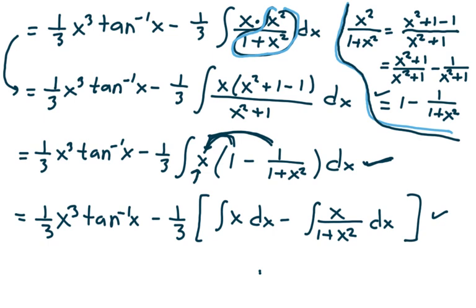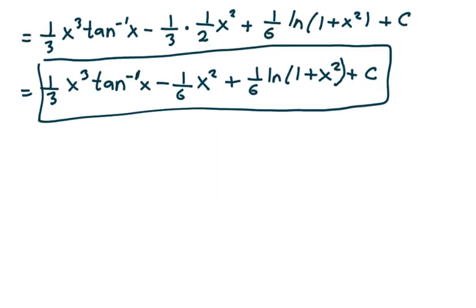Now, from here, this is equal to 1/3 x cubed arctangent x minus 1/3 times 1/2 x squared plus 1/6 the natural log of 1 plus x squared plus c. And so my final answer, again, is 1/3 x cubed arctangent x minus 1/6 x squared plus 1/6 the natural log of 1 plus x squared plus c.